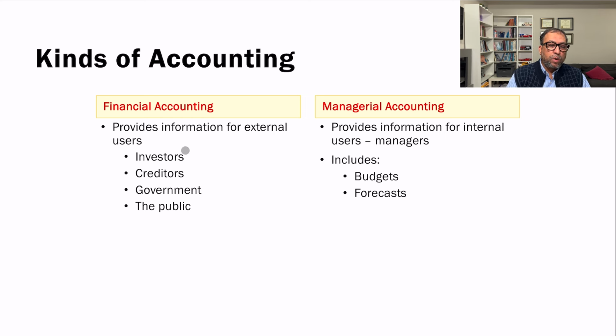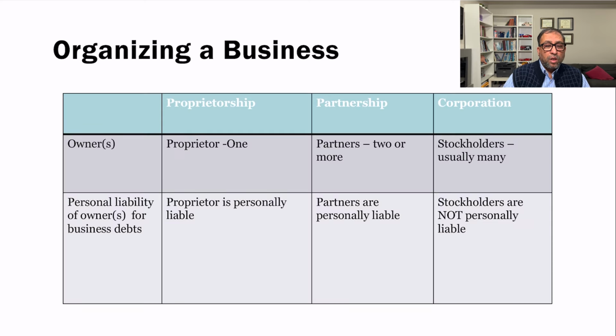So let's see what we are saying. Financial accounting provides information for external users, and we just discussed these external users: investors, creditors, government regulatory bodies, and the general public. On the other hand, managerial accounting provides information for internal users, and they are also responsible for budgeting and forecasting about the businesses.